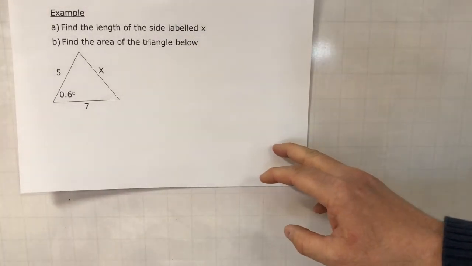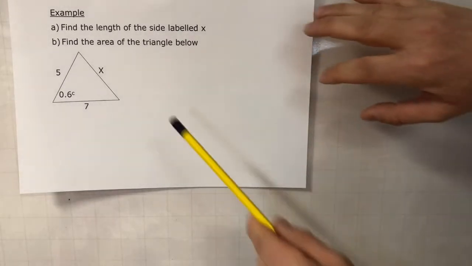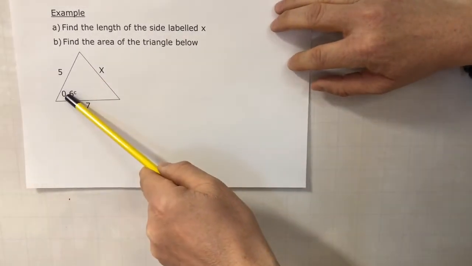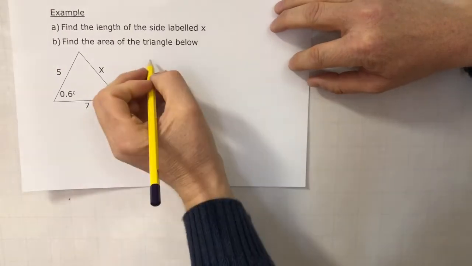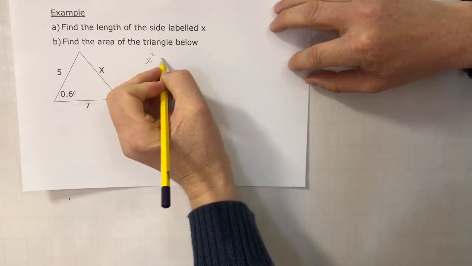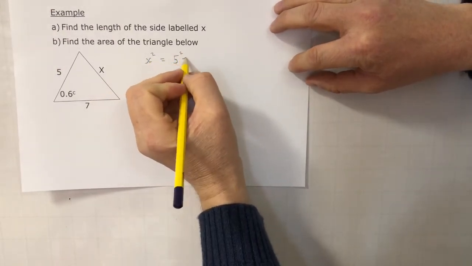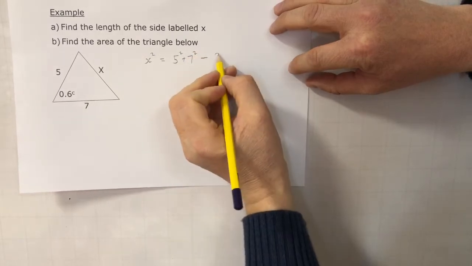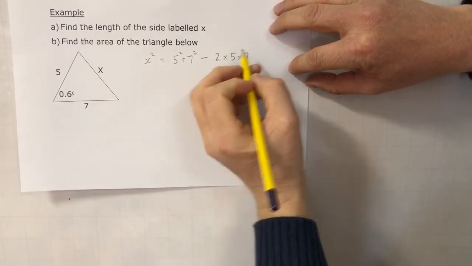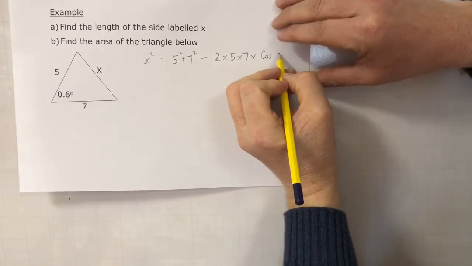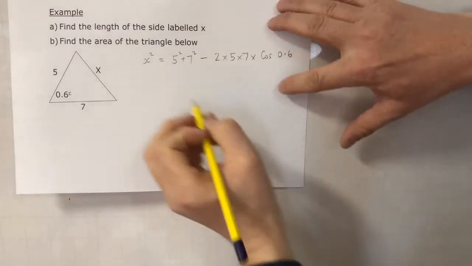So we've got to find the length of x, which means with 1 angle mentioned, it is the cosine rule. So x squared is equal to 5 squared, add 7 squared, take 2 times 5 times 7, times by the cosine of 0.6.